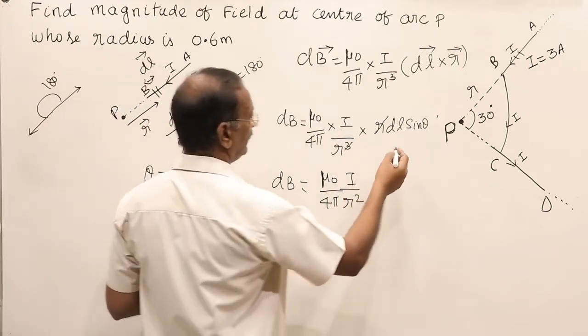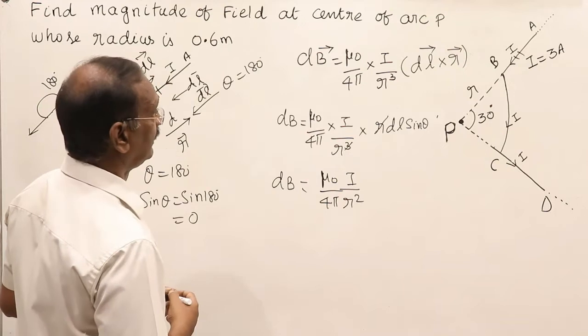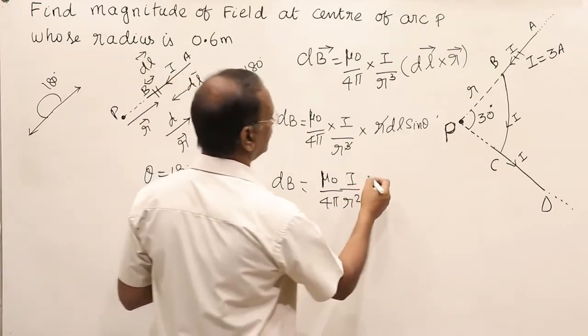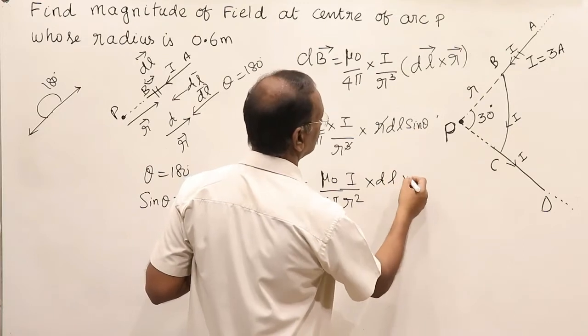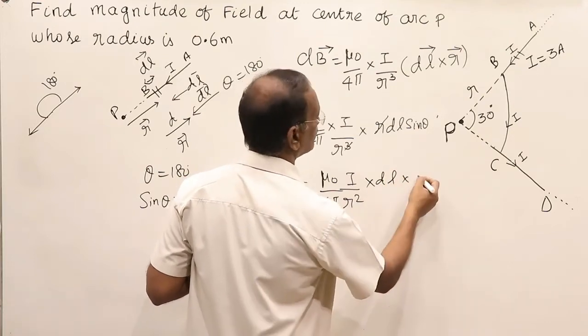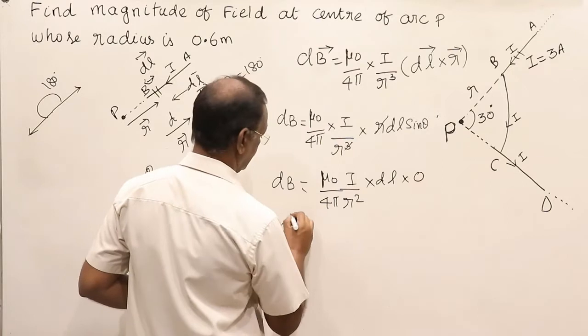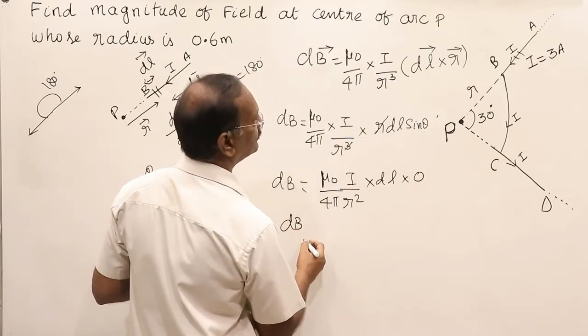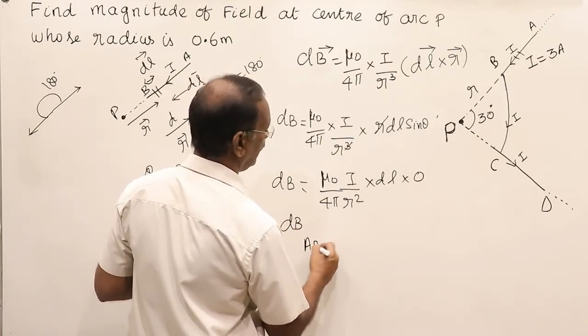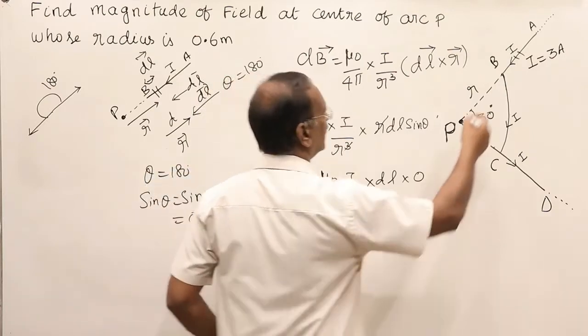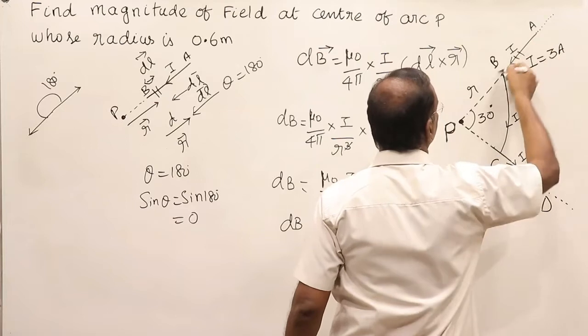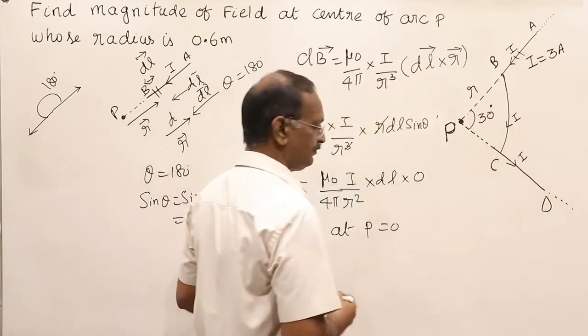So sine 180 is 0, and dB due to portion AB at P is equal to 0. The magnetic field produced by this length of the current at P is equal to 0.